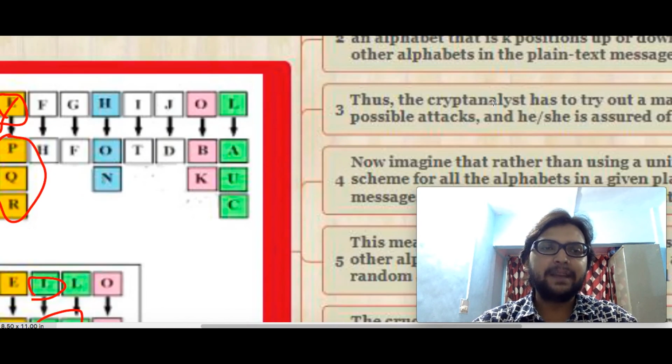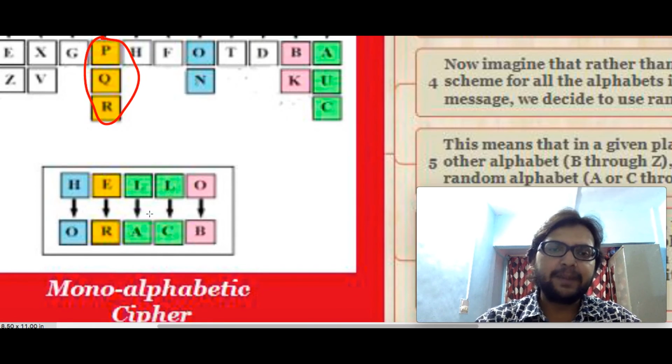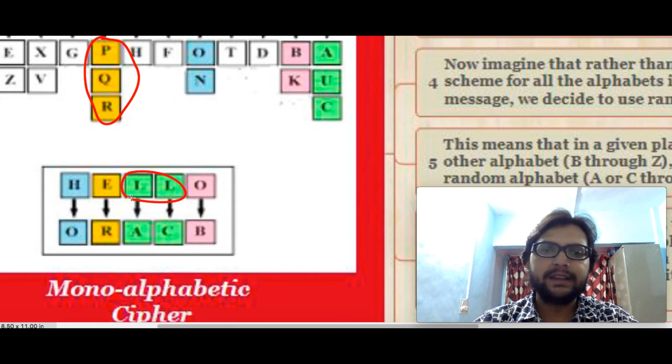Because if I'm encrypting hello, and we talk about Caesar Cipher or modified Caesar Cipher, there we replace L with the same alphabet only. So one can easily guess that here we have replaced one alphabet, or that multiple alphabets are occurring.